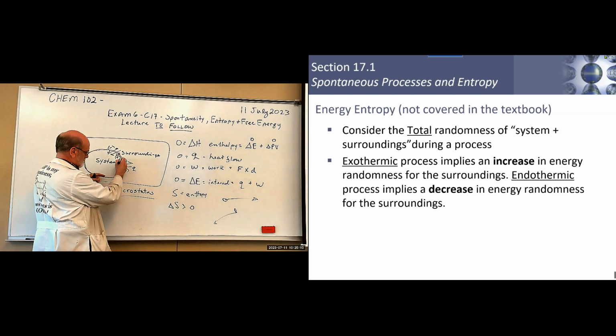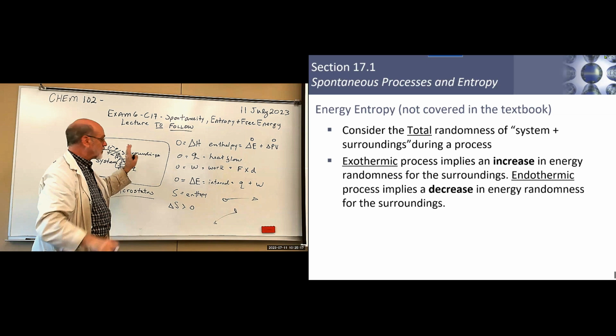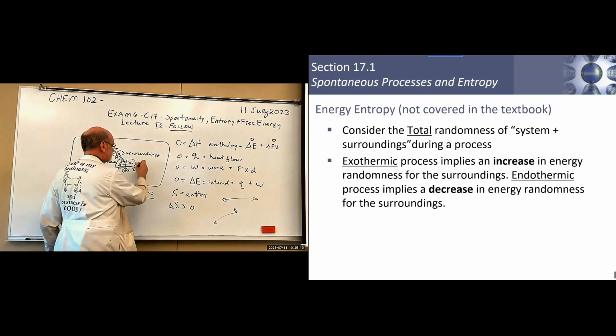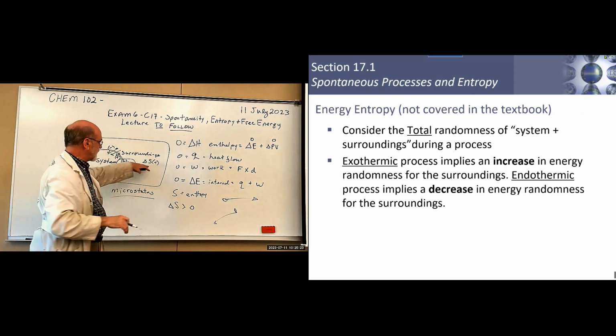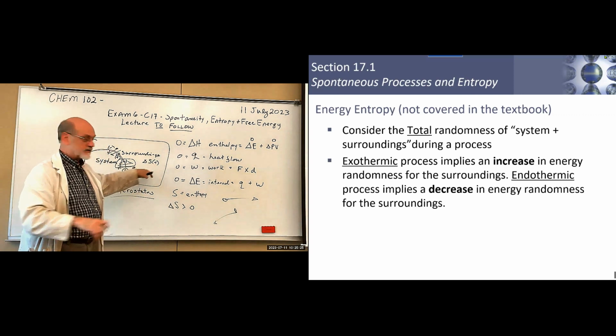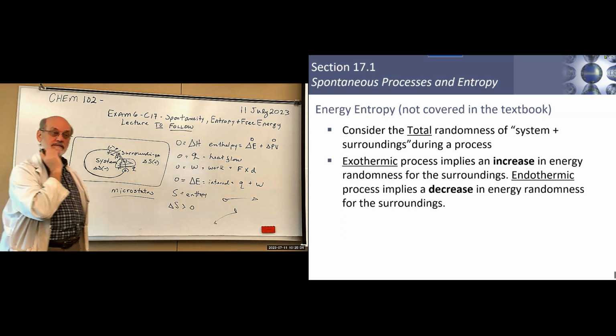Exothermic, right here. You're increasing the energy of the surroundings, which means the entropy change of the surroundings would be positive. You're increasing the entropy of the surroundings, while at the same time decreasing the entropy of the system.